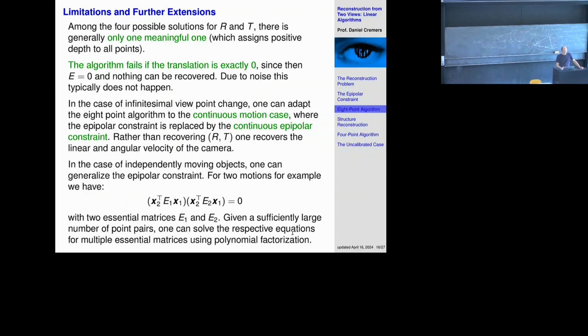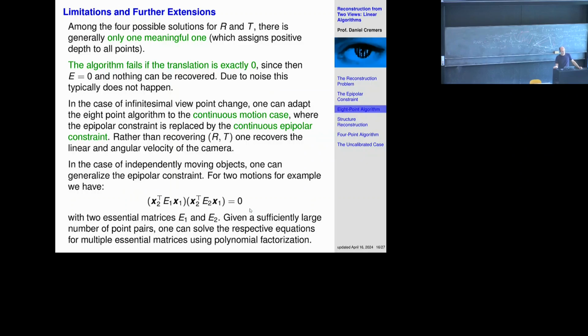And then the idea is, we saw if you have 8 points, you can have the linear 8-point algorithm to compute the rigid body motion. And here what you can do is you can assume if you have sufficiently many points that you can simultaneously recover multiple rigid body motions. And then you can devise techniques of what's called polynomial factorization to estimate not one essential matrix, but 2, 3, 4 essential matrices.